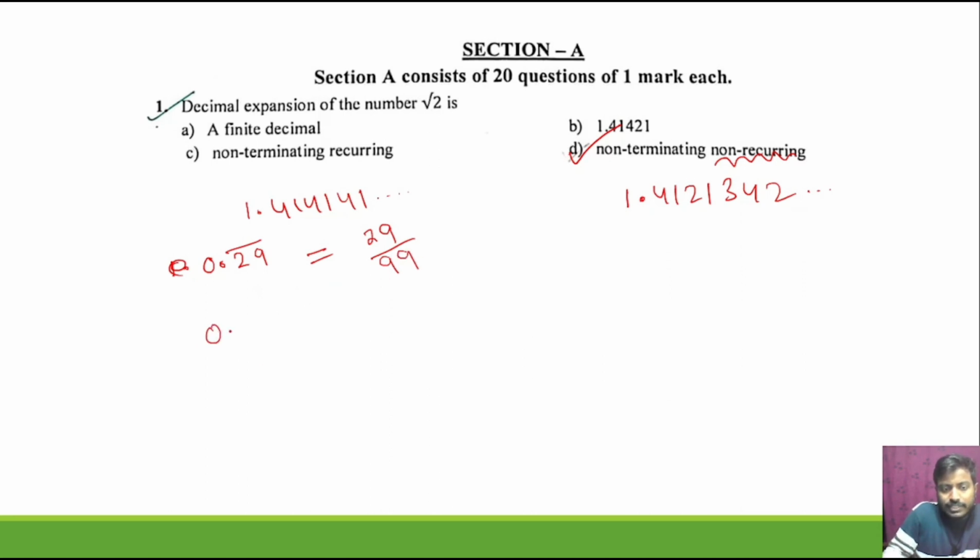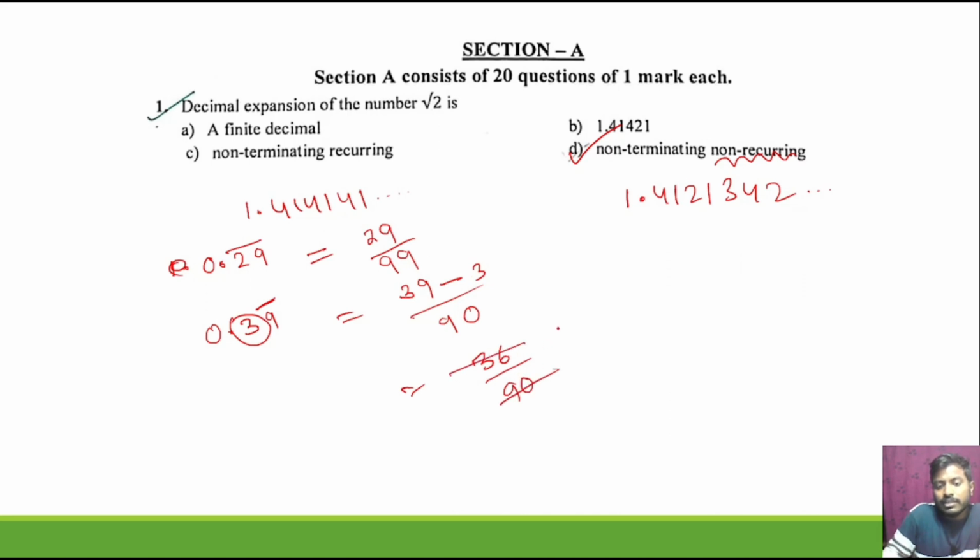If the question is 0.399 bar, then you can write the number, that is 399 minus 3. Where there is no bar, that is 3 divided by 9. Where there is a bar, put 9, and where there is none, put 0, that is 90. So minus 36 divided by 90.